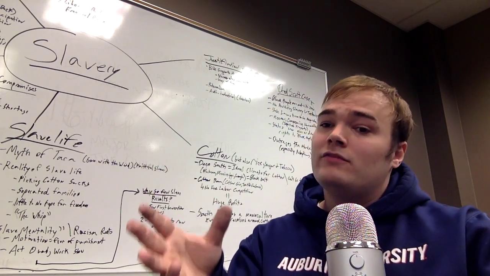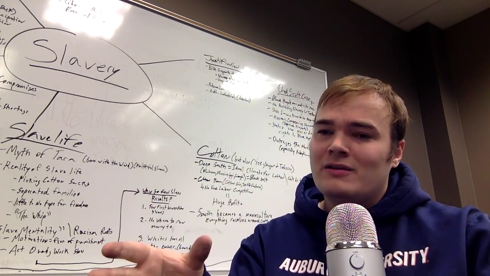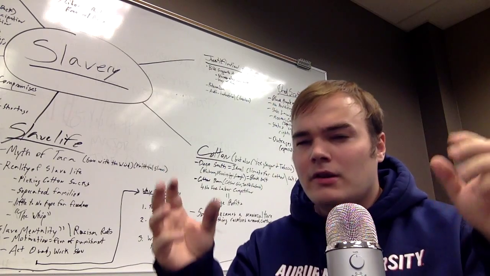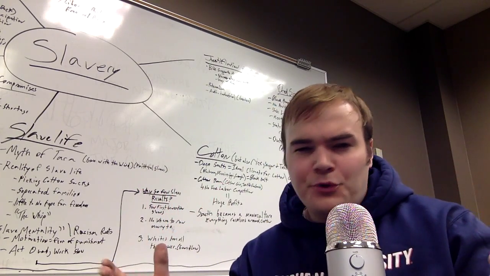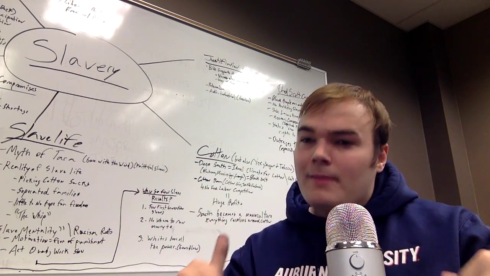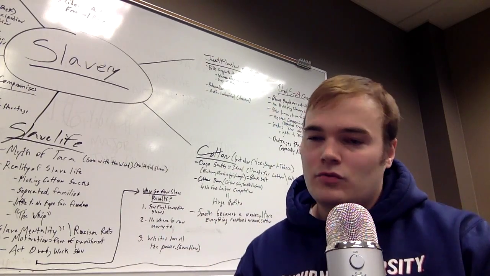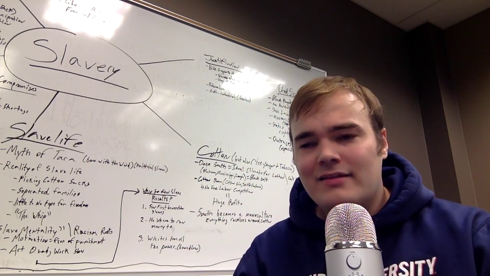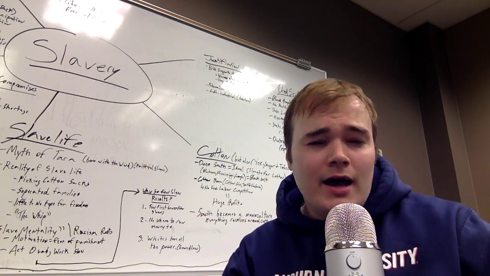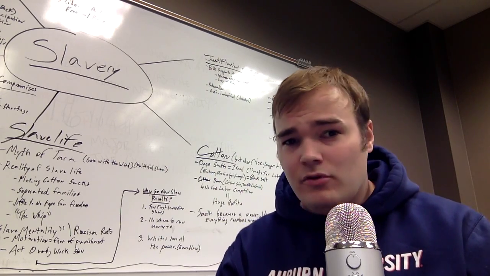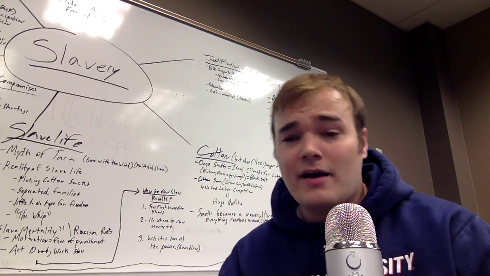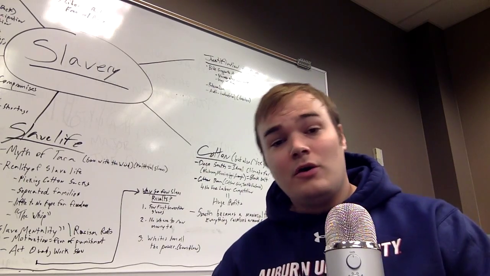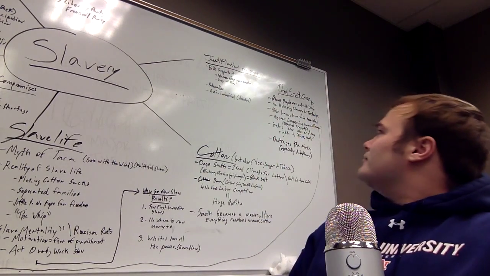You have the white male master, and you have the childlike, less intelligent, less superior black people whom the white master is guiding through life. There's this idea that black people need to be guided, that white people are superior in every way, and they have to be watched after. Incredibly racist, but a reality of the period.